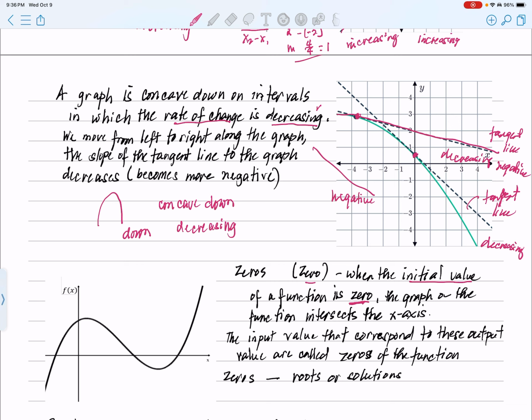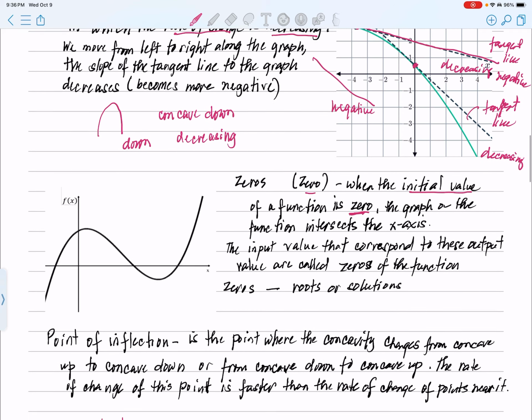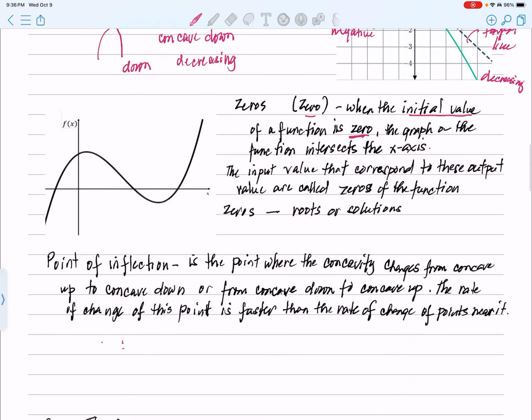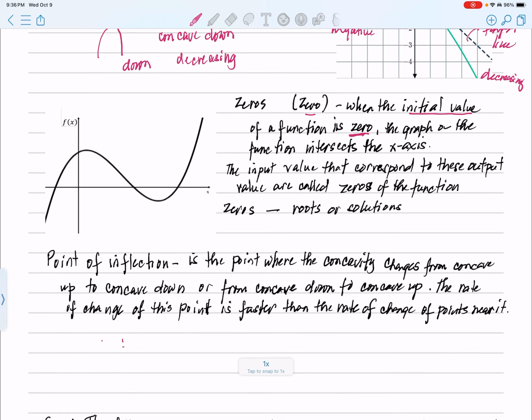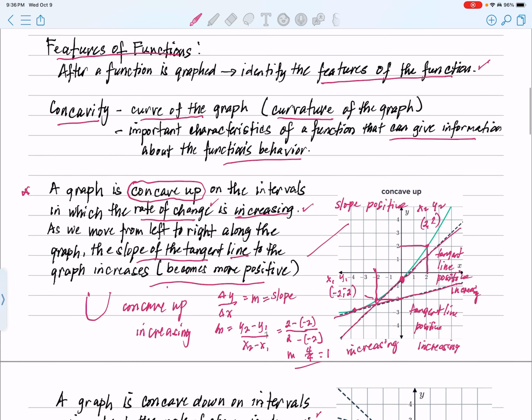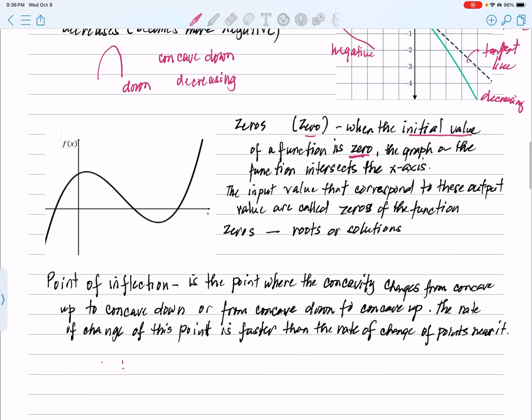Let's understand more on that before doing a sample problem. Let's do one of the features of the graph or features of the function. Zeros.